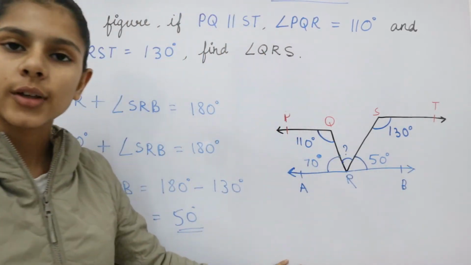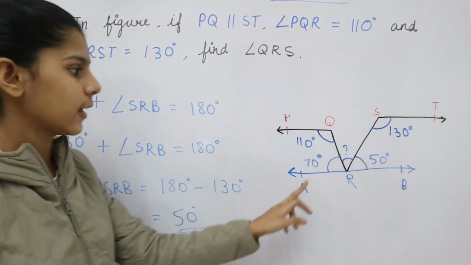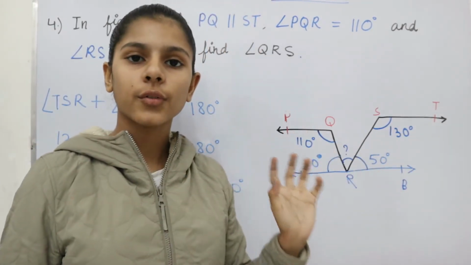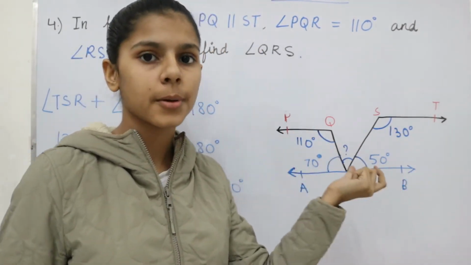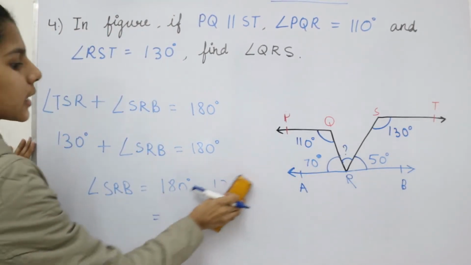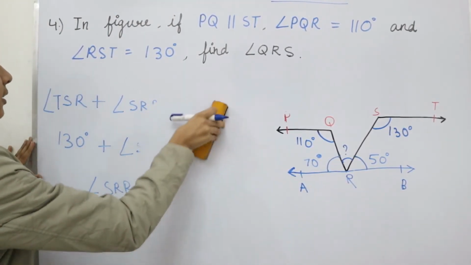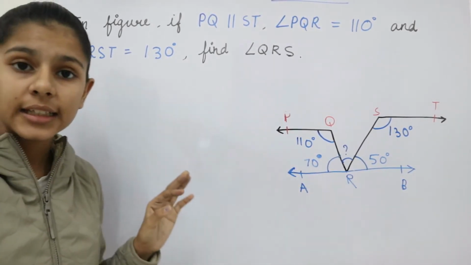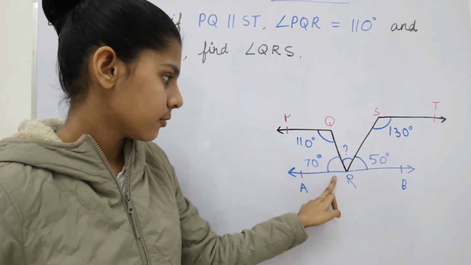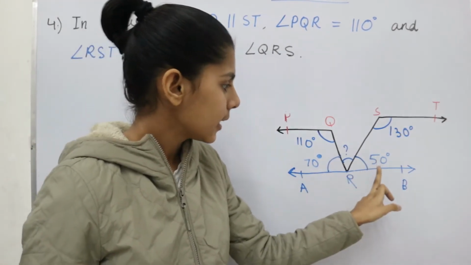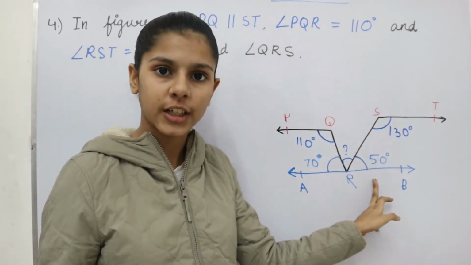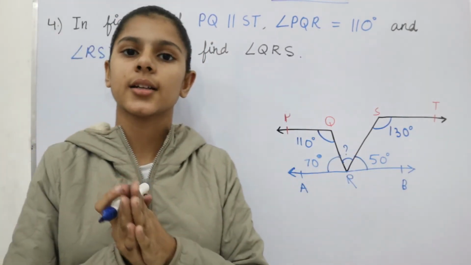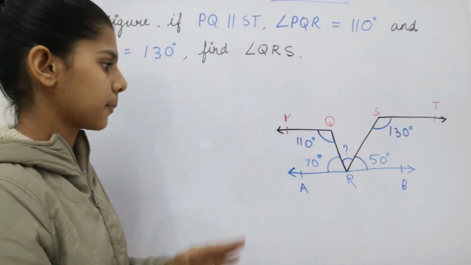Now what you can observe here is that we have calculated this angle and this angle. So what will be the measure of the middle angle? You can see that these three angles are on a straight line, which means they are forming a linear pair. This angle of 70 degree, this angle of 50 degree and the middle one, if we add these three angles, we get 180 degree because they are linear pairs.